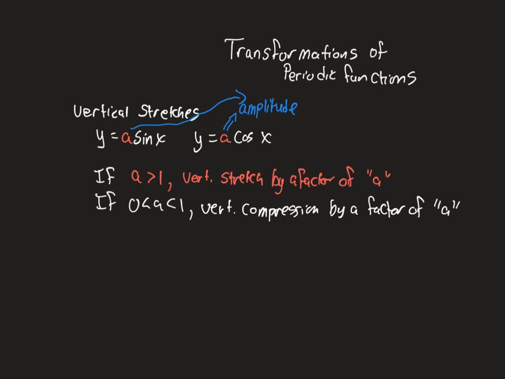So those are vertical stretches. Let's take a look at horizontal. Okay, so at horizontal, once again, you're going to recognize that these rules are going to look more or less the same. So let's say I gave you y is equal to sine of k of x, and y is equal to cosine of k of x.